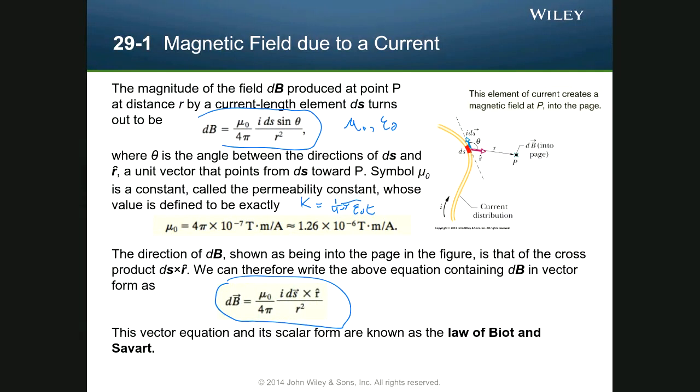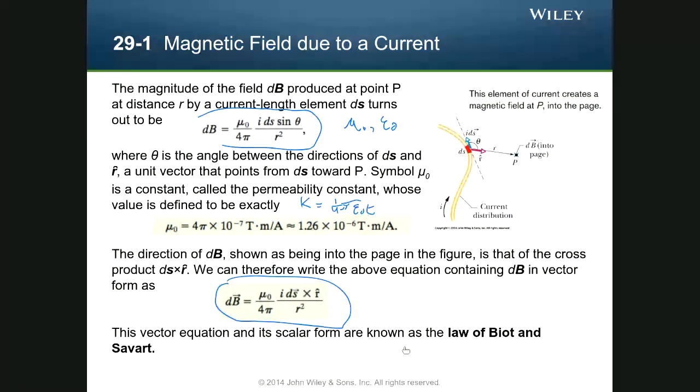So the law we're looking at in particular here for magnetic fields is known as the Biot-Savart law. I don't speak French very well, so I'm sure I'm saying it wrong, and I'm okay with that.